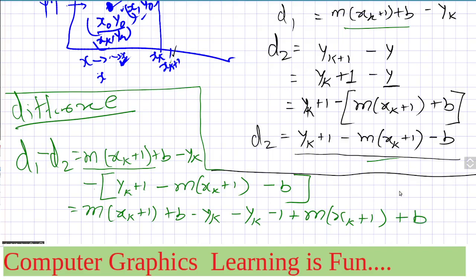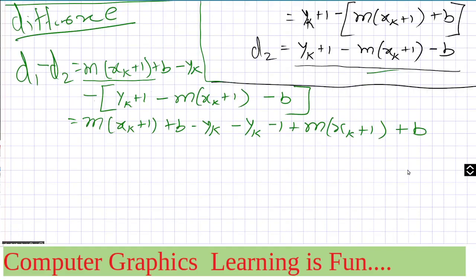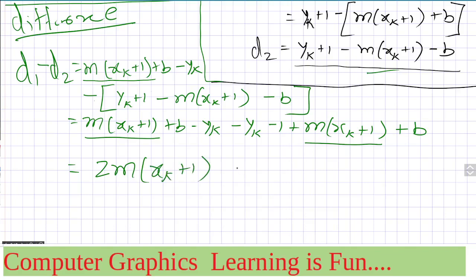Okay, let me write it nicely. It will be mxk plus 1, mxk plus 1. This is 2mxk plus 1. Then we have yk minus 2yk. Okay, 2b also, plus 2b, minus 1. This is what we are getting.